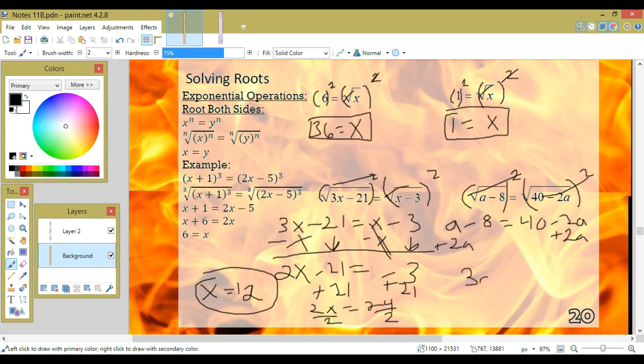We have 3a minus 8 equals 40. Add 8 to each expression. So we have 3a equals 48. Divide each term by 3 to get a equals 16.